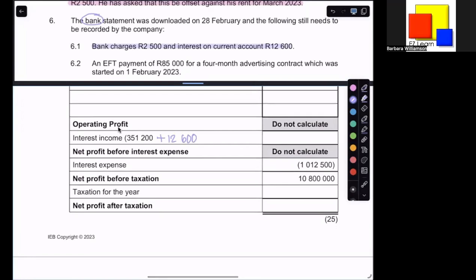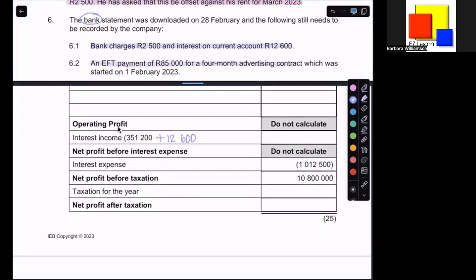An EFT payment of 85,000 Rand for a 4-month advertising contract, which was started on the 1st of February 2023. Because it says that this still needs to be recorded, it means that instead of removing 3 months, we're going to add the 1 month.